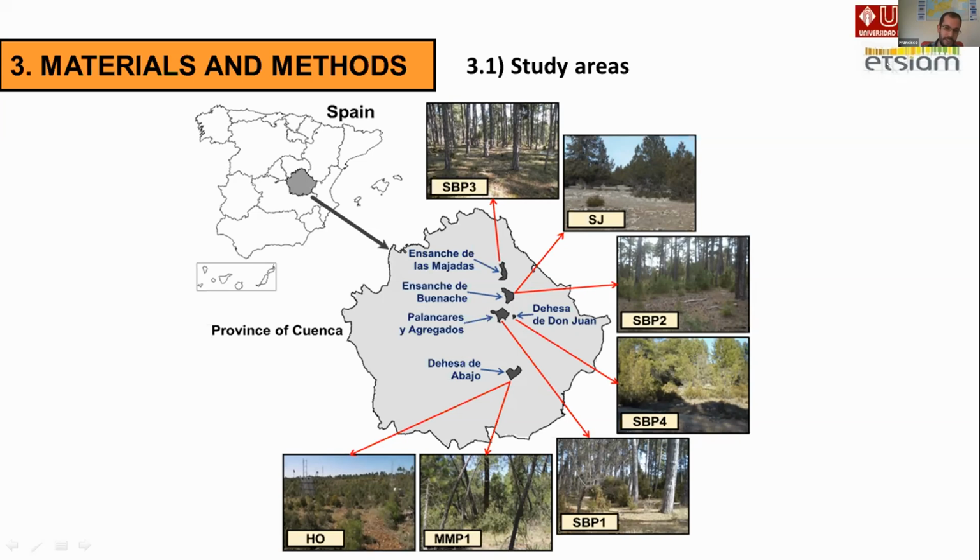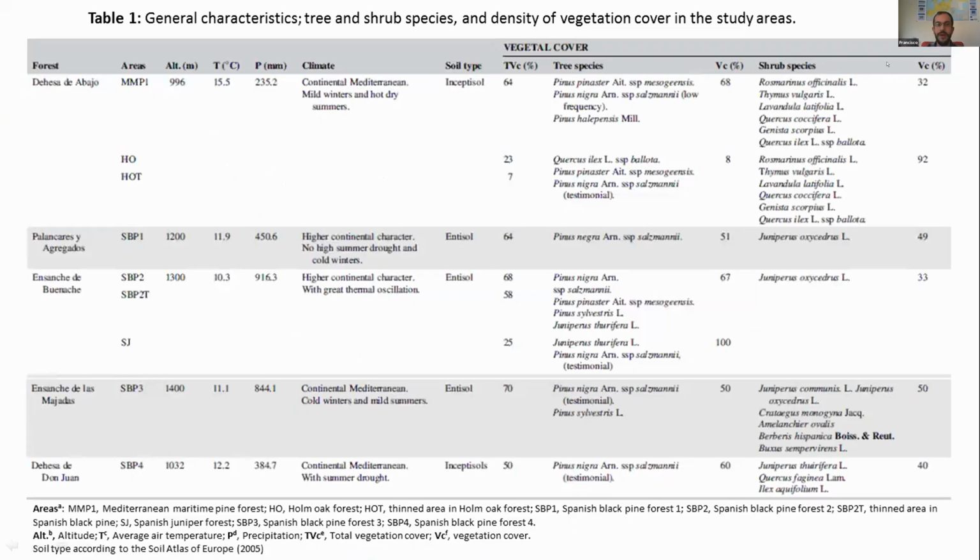The main vegetation that we have found there is mainly Pinus nigra subspecies salzmannii, which is the black Spanish pine forest, which is quite frequent to find in Cuenca, and also we can find forests of holm oaks, which are Quercus ilex, and the Mediterranean maritime pine, the Pinus pinaster.